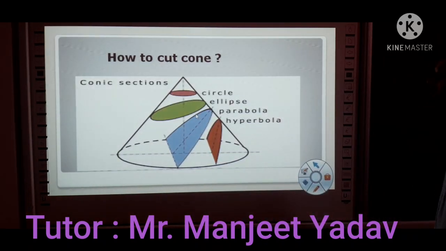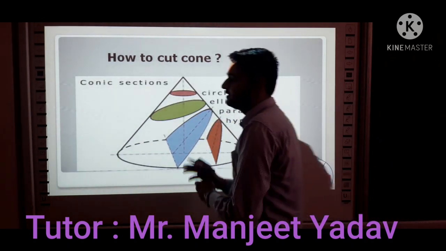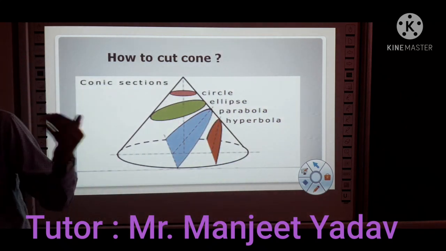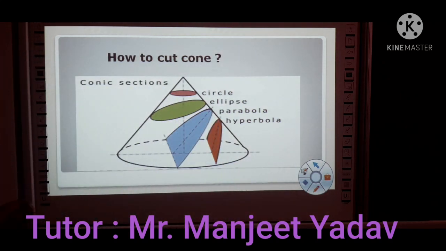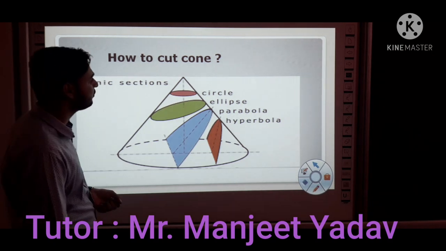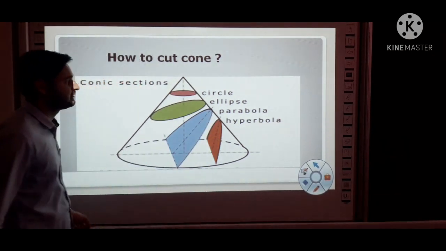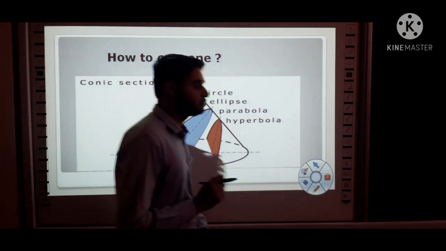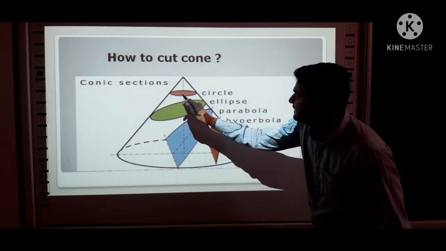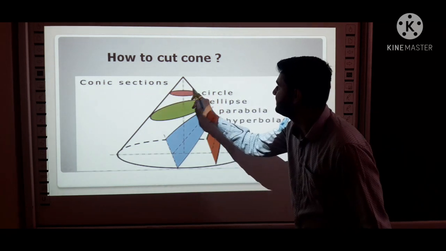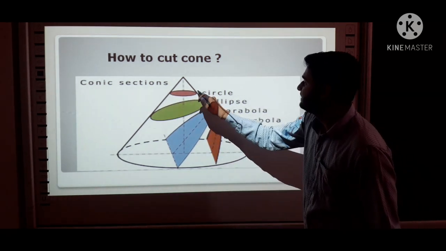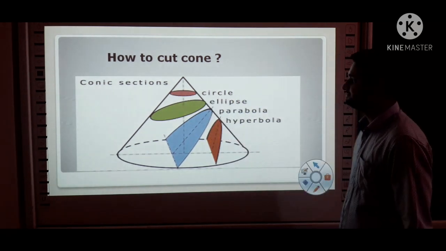Now it's turn to how to cut the cone in various figures like circle, parabola, ellipse, and hyperbola. For that, assume this is the cone which we have to cut. Now if our theta is equal to pi by 2, then this is the plane which cut the solid, and this figure will become a circle.